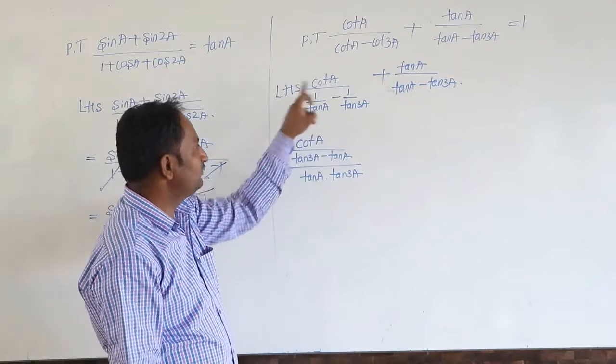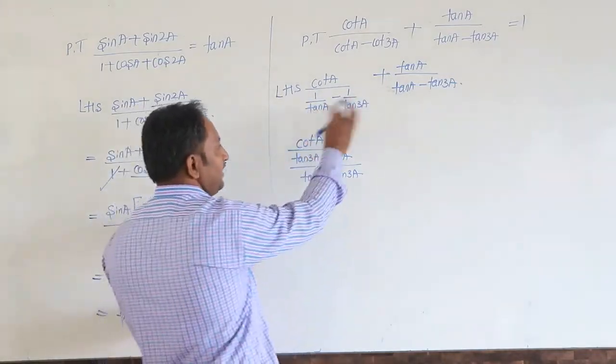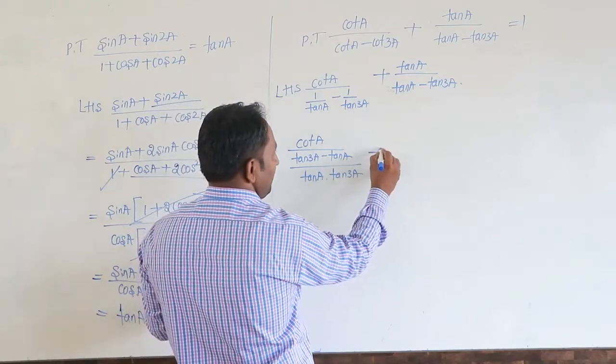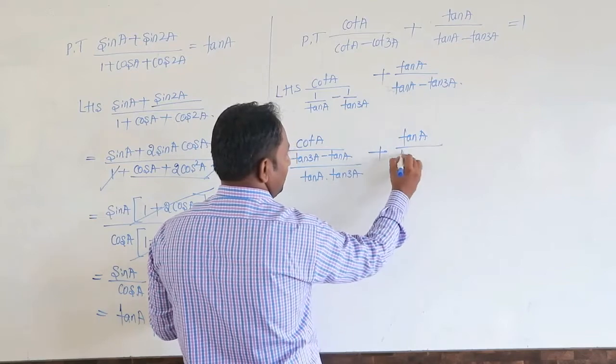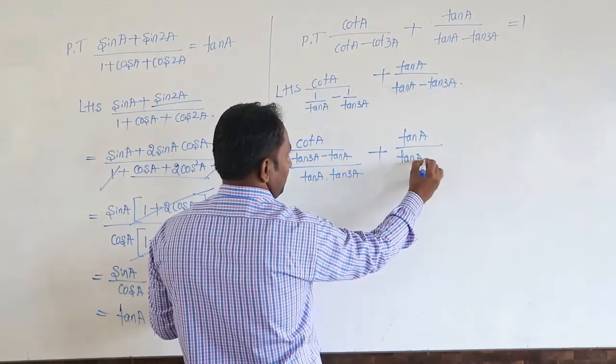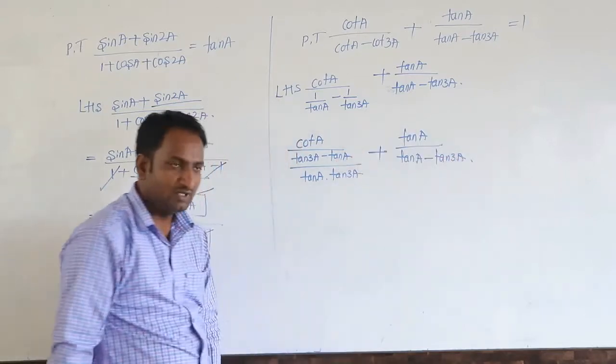Here (tan 3a minus tan a) divided by tan a into tan 3a, plus tan a divided by (tan a minus tan 3a).